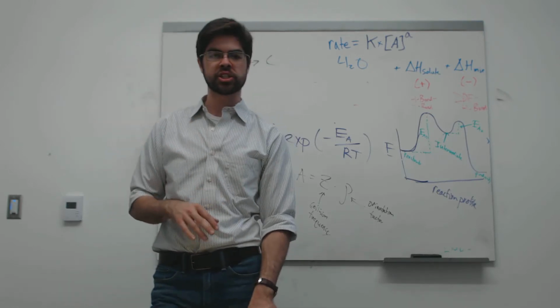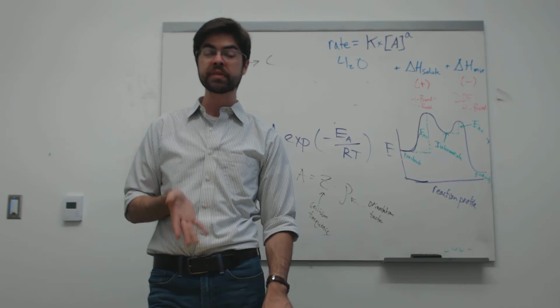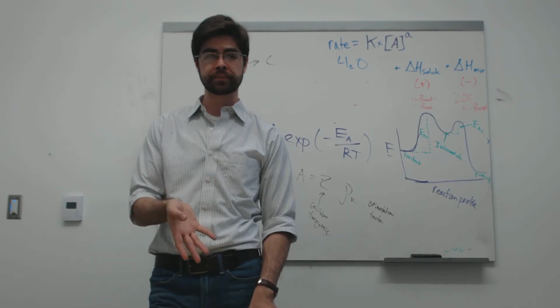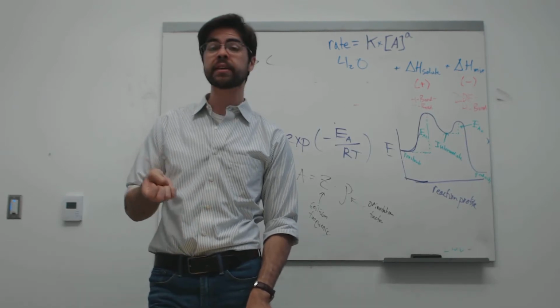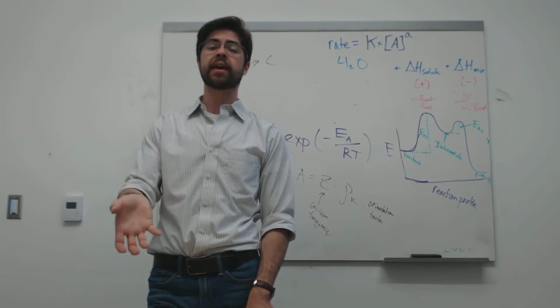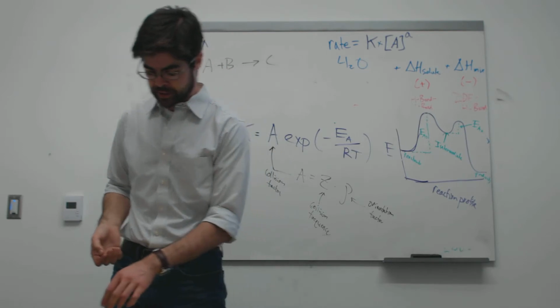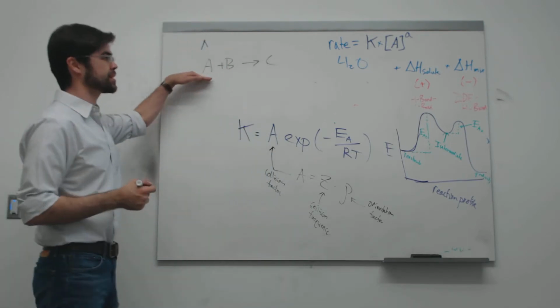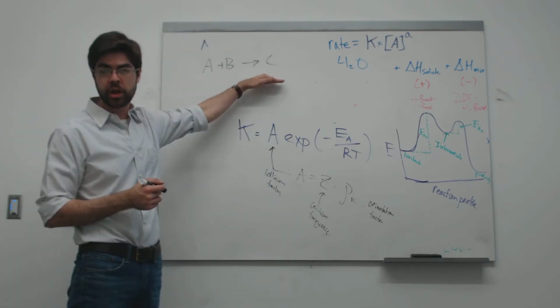The other way to think about this question is, let's say I give you a net reaction, and I ask you, is the reaction mechanism for this the same as the balanced reaction? Let's say this is my chemical reaction.